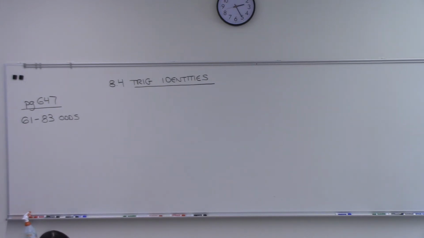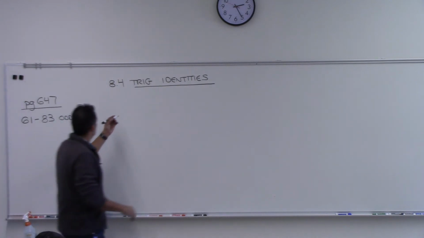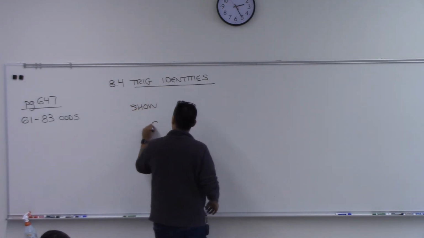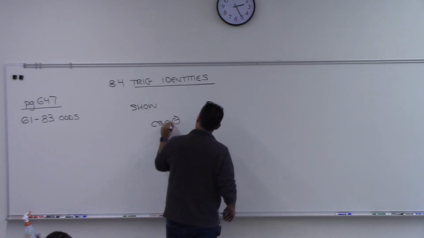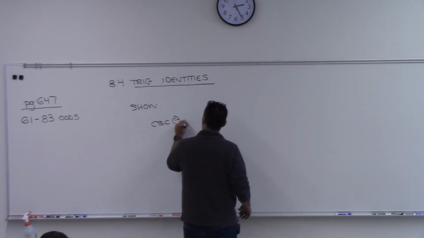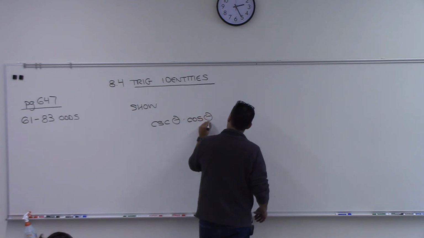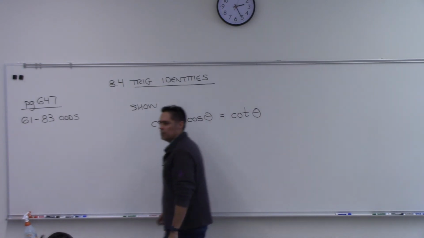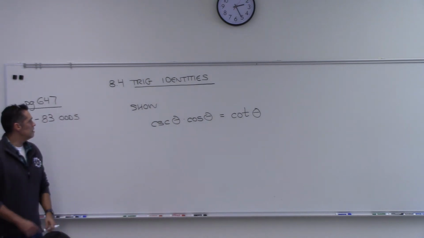All right, let's start out with something very straightforward and simple. Show that cosecant theta times cosine theta equals cotangent theta. Look at the instructions here.